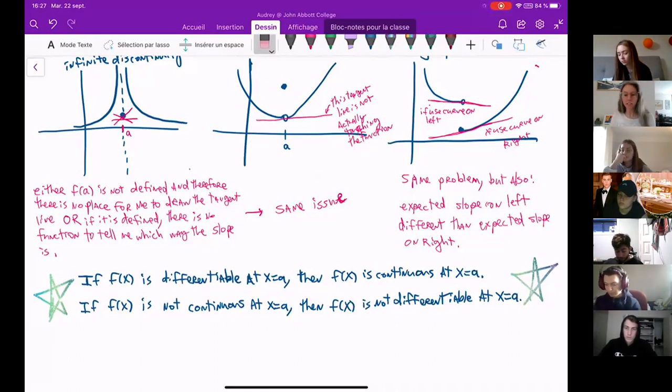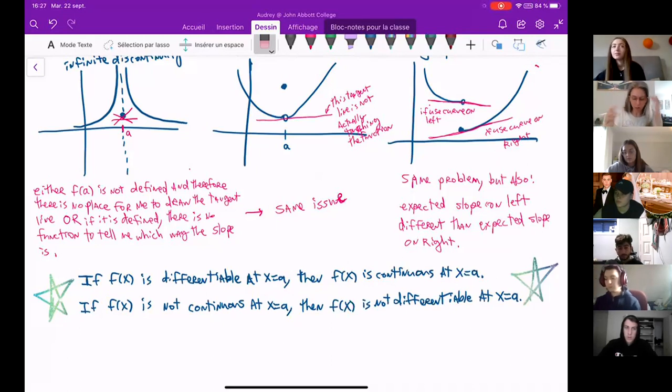Yeah, if it's not continuous, then it's not differentiable. But this doesn't mean that there are places where it could be both continuous and differentiable. So in other words, not being continuous means that it's not differentiable. But being continuous does not mean that it is differentiable.